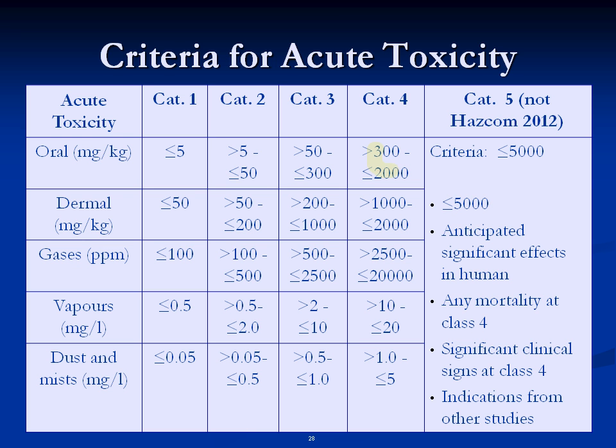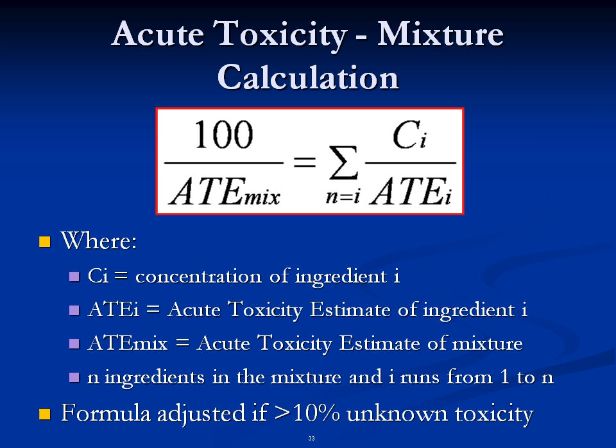If I got 327 milligrams per kilogram orally, then that's where I'd end up right here in category 4 for my mixture. So this table is used for both substances and mixtures. There's more to it. It's not quite that simple, but when we get into the examples, I think it'll make more sense and we'll be able to understand how to use that better.